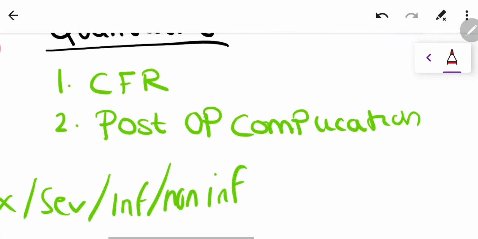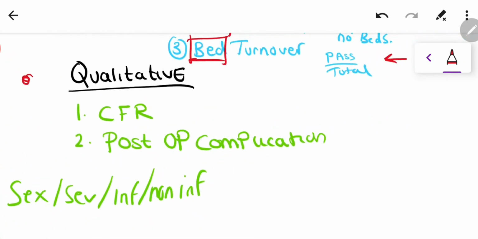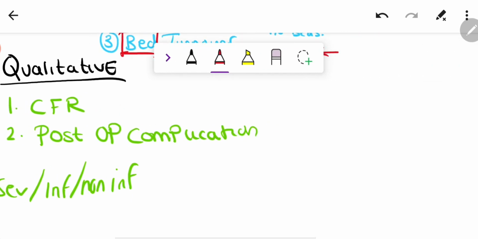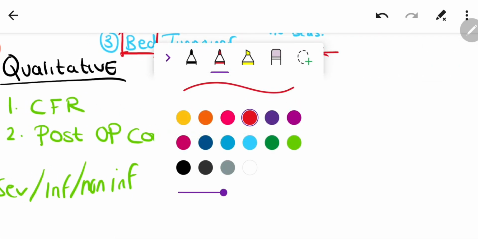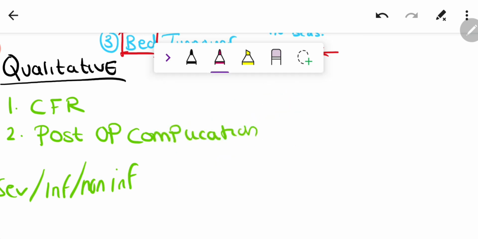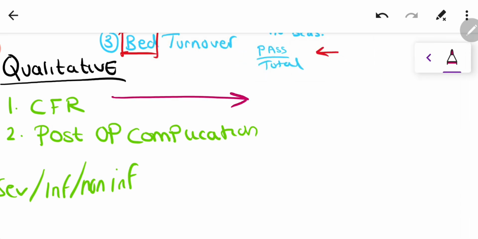Qualitative, pretty simple. You've already heard of CFR, case fatality rate, and post-operative complications. Case fatality rate just basically means total deaths over those who have been admitted to the hospital.